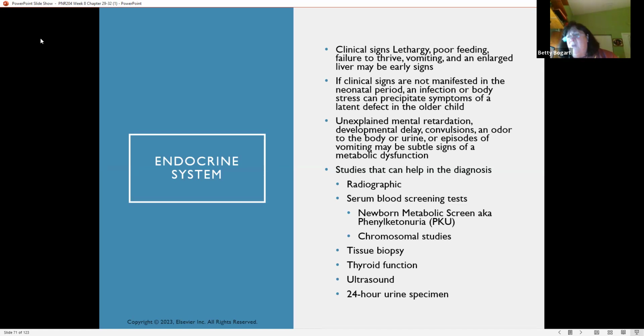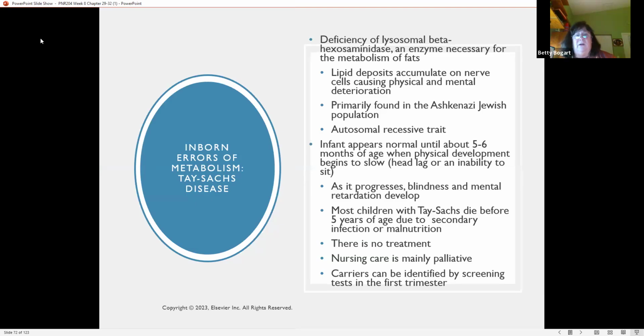Also, chromosomal. We know there are some chromosome syndromes where you will have delays. If we know what it is, we'll do a tissue biopsy, we'll do thyroid functions, ultrasounds. Is it large? Is it hypoplastic? And a lot of times we're going to see things excreted in their urine, so a 24-hour urine.